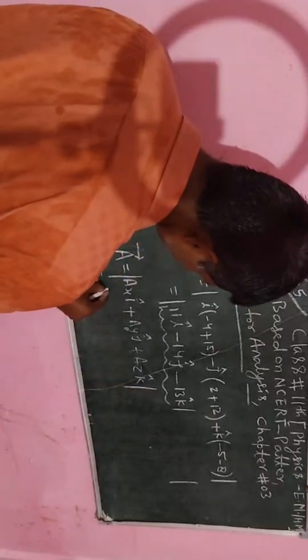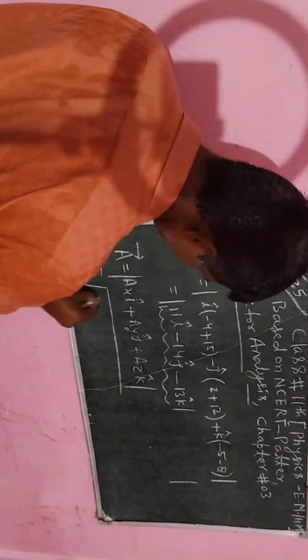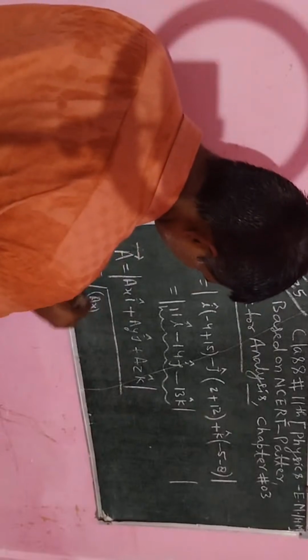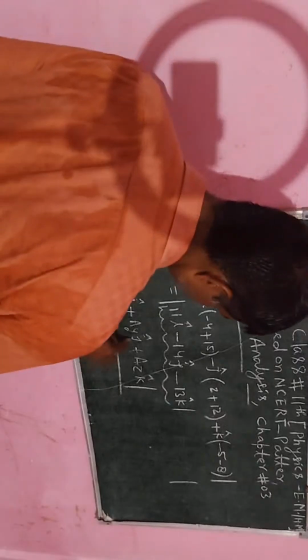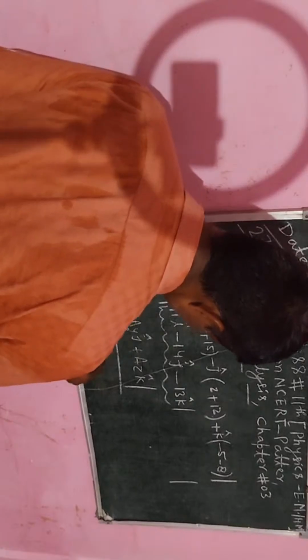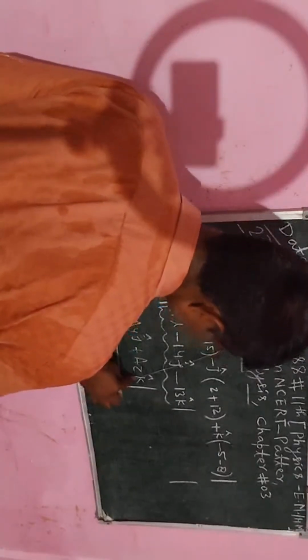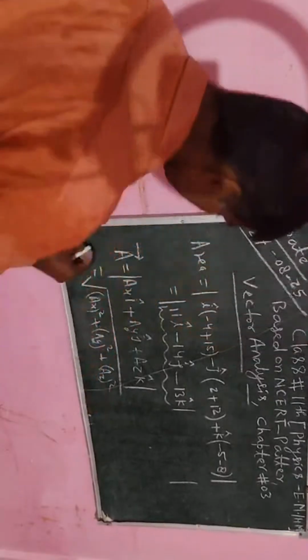I will write the coefficient of vector i cap whole square, that is ax square, plus the coefficient of vector j square, that is ay square, and plus the coefficient of vector k, that is az square. This is the modulus value.